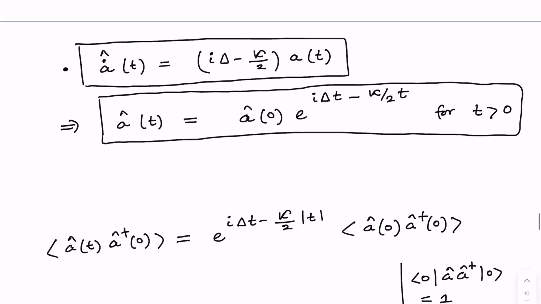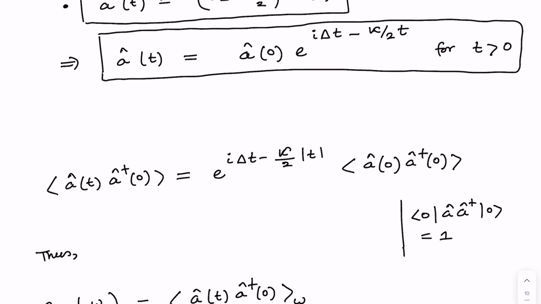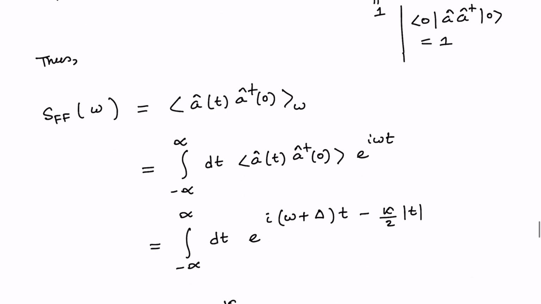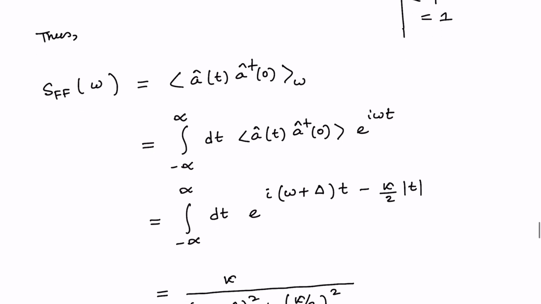Then if you put it in this expression, this term will come out, and then you have to work out the expectation value of A0 and A dagger 0 with respect to the ground state, and that's simply going to give you equal to 1, right? Then with this, we are left with the spectrum as this particular integral.